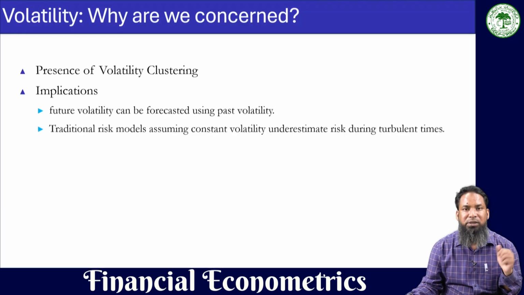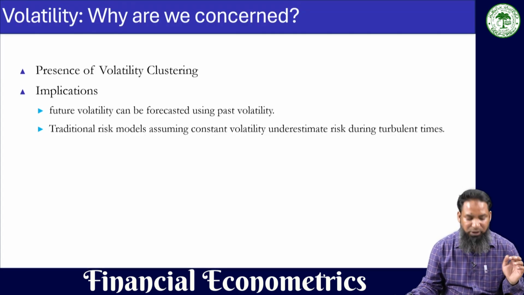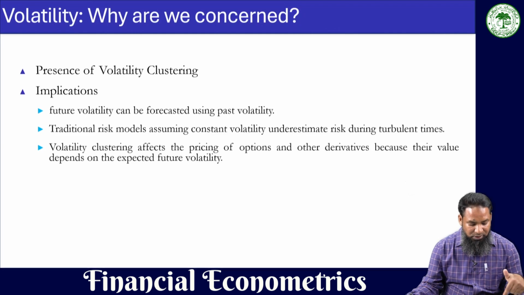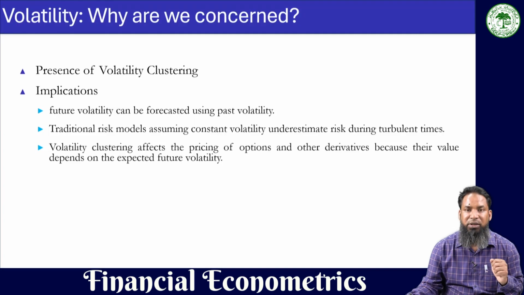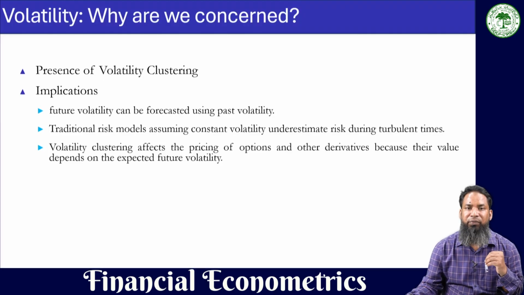Traditional risk models, which assume constant volatility, underestimate the risk during turbulent crisis periods. Volatility clustering affects the pricing of options and other derivatives because their value depends on expected future volatility, and if you assume the volatility is constant, then this expected future volatility will be different.